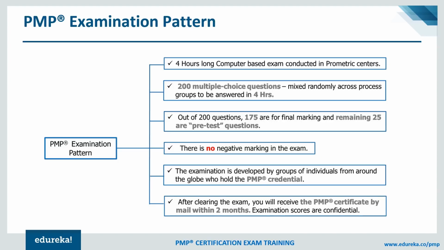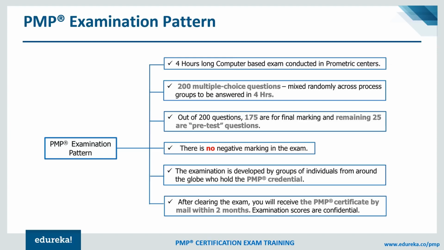Okay, you will get all the information on the PMI website. This computer-based examination, conducted at the Prometric Center, is a 4 hour long examination, and there will be 200 multiple choice questions. So in case you have not completed all the questions and the time gets over at the end of the 4th hour, the application will auto submit.